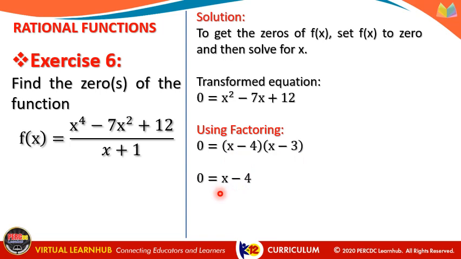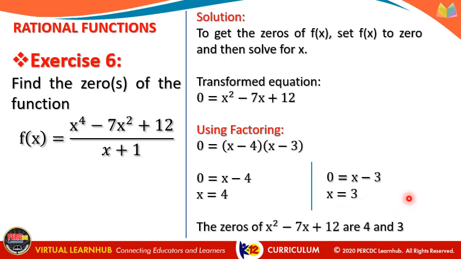Unahin natin yung x minus 4. So, ang x minus 4 equals to 0. Diba? Simple lang to. Solving for x, we will get positive 4. Ganon din gawin natin doon sa isa. X minus 3, equate natin sa 0. Makukuha natin x ay positive 3. Therefore, our roots are 4 and 3.